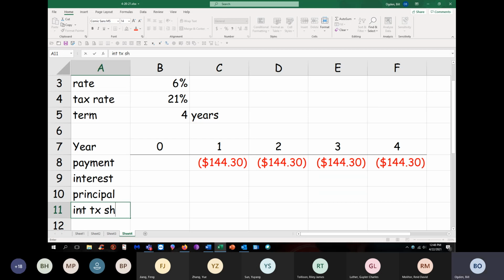And then I think I'm going to flip these if you don't mind. You can do it either way, I guess, doesn't matter. And then let's pull this down one more yet, and then let's do the after-tax payment.